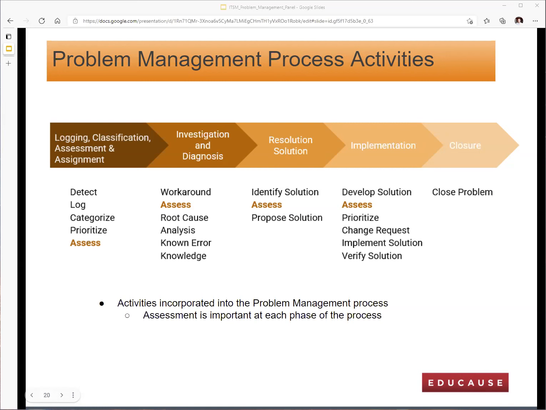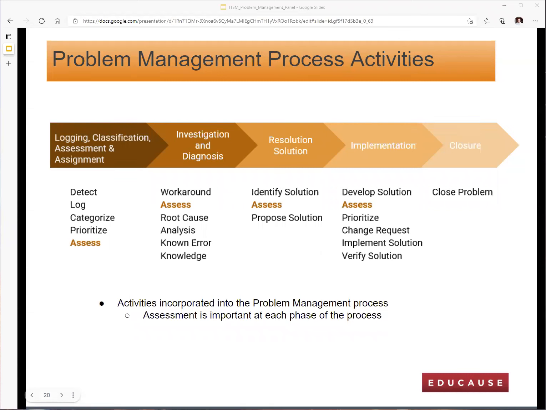Assessment is important during each of the activities. Initially, is it really a problem? After you decide it's really a problem, do we really need root cause analysis? Do we have a good solution? Should we implement the solution? What is the cost and the resources needed? What's the risk of doing nothing? And what is the risk of implementing a temporary or permanent workaround instead of a solution?